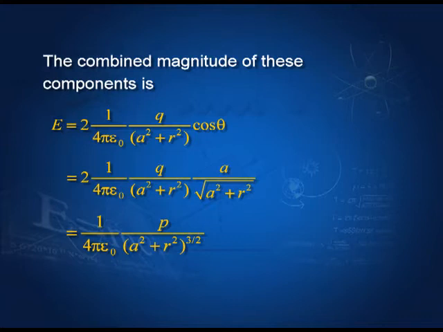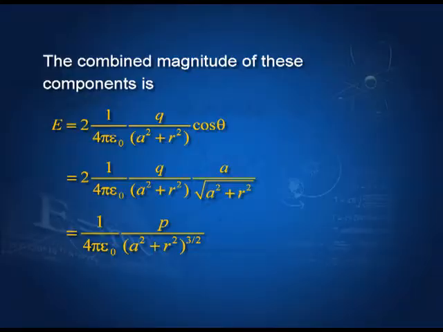So it becomes 2 into 1 by 4 pi epsilon 0 q by a squared plus r squared into a by this. So 2aq, as I told you, will occur very frequently, and that is known as the dipole moment. So it is p by a squared plus r squared raised to power 3 by 2.